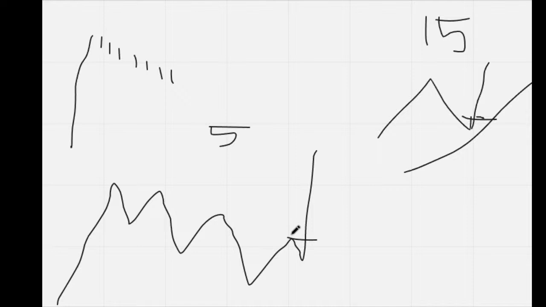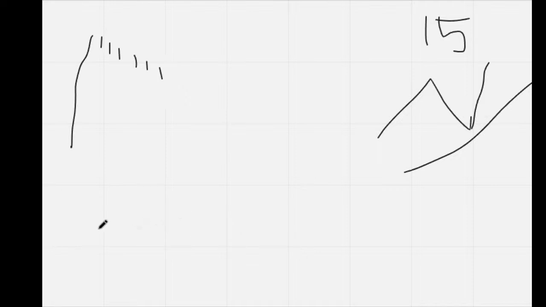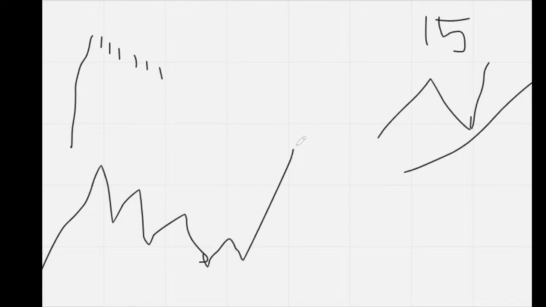A sell setup failure, this is not a very pretty one, would look like this: lower highs, lower lows, and then it pops like this.